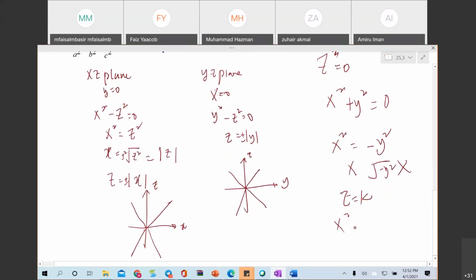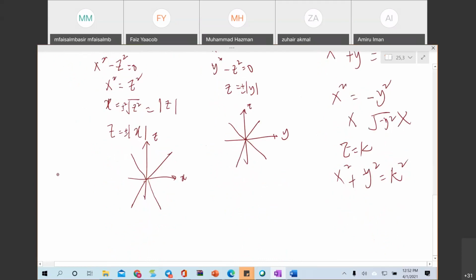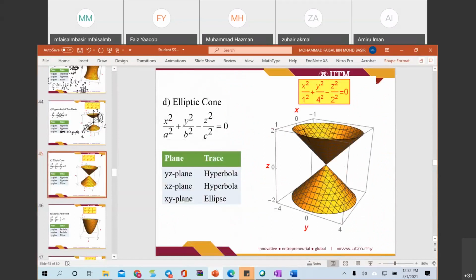So what you have? x squared plus y squared equals k squared. So it is easy, right? This is a circle. It's a level curve. Another one, if z is negative here, which means your cone will be on the z-axis.